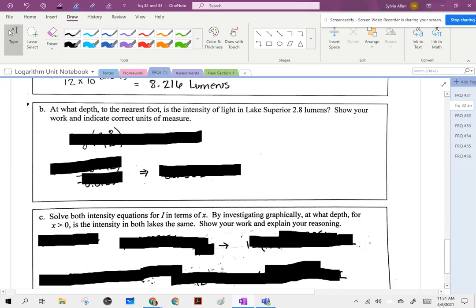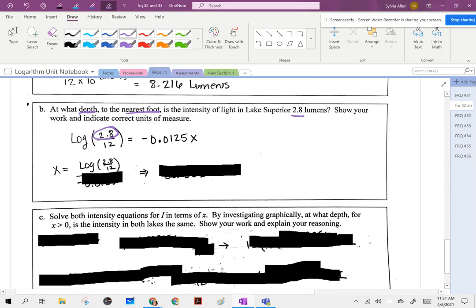Okay, so we are working a little bit backwards here. It says at what depth, so we're solving for x, right, to the nearest foot, is the intensity of light in Lake Superior 2.8. So again, we're replacing I with 2.8 and we're solving for x. Actually, all we need to do if we're solving for x is to divide.